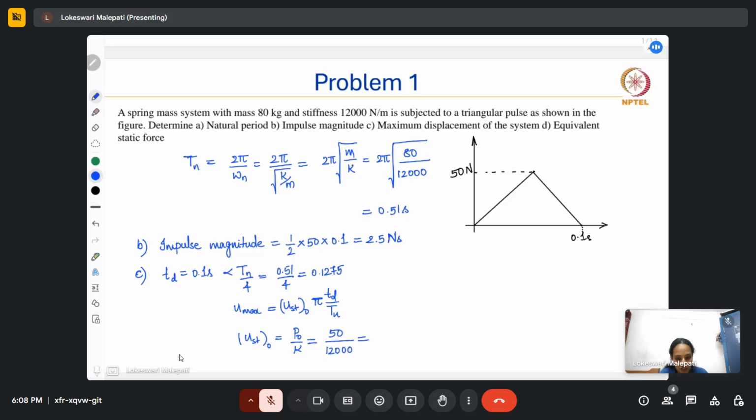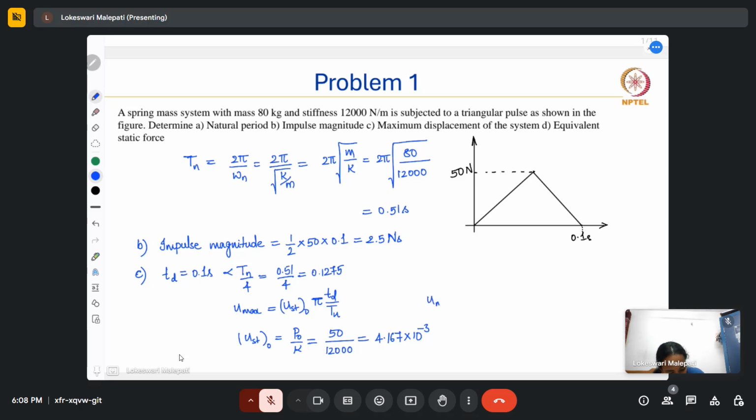So how much would this be? You would get 4.167 multiplied by 10 power minus 3. We just have to substitute in the Umax formula to get the maximum displacement.